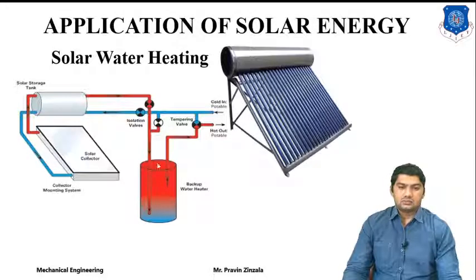This is the evacuated type water collector. Nowadays, most solar water heaters use evacuated tubes, meaning a vacuum is created between the two tubes, and we have also discussed this type of collector in the classification of collectors.